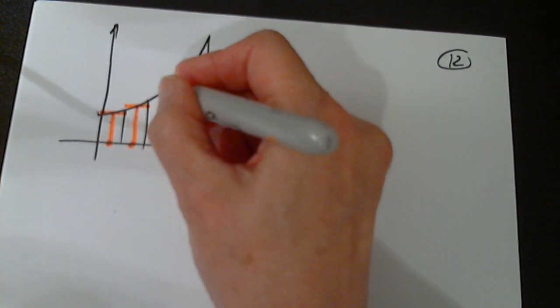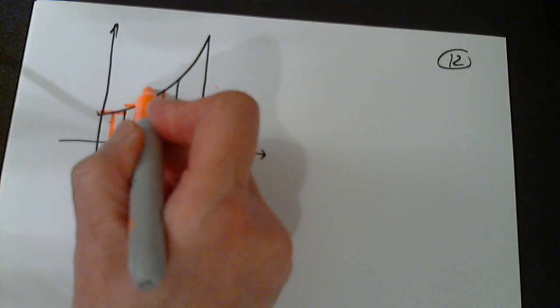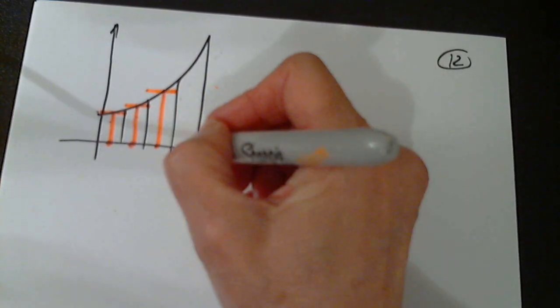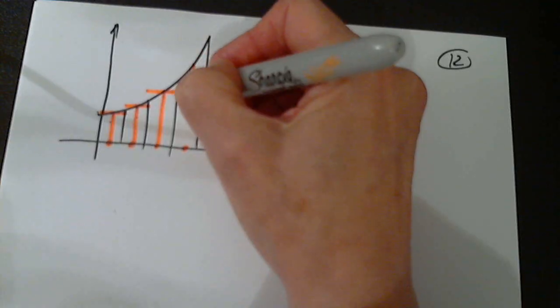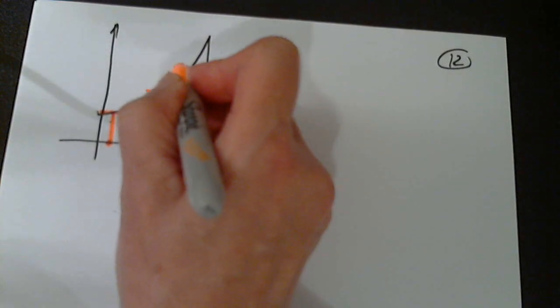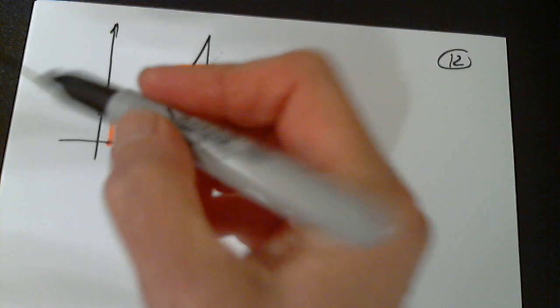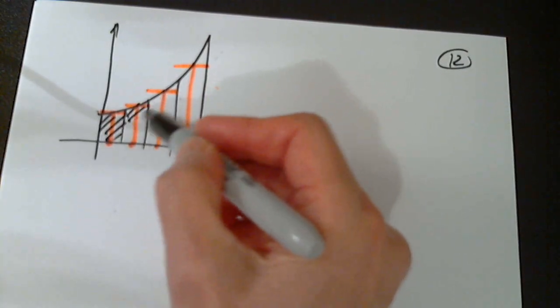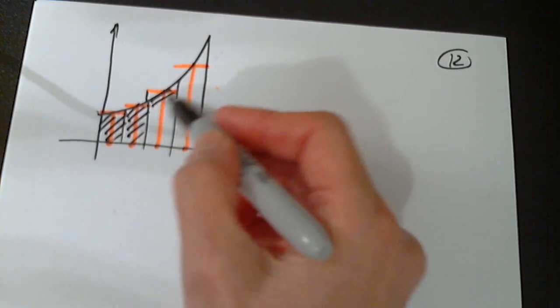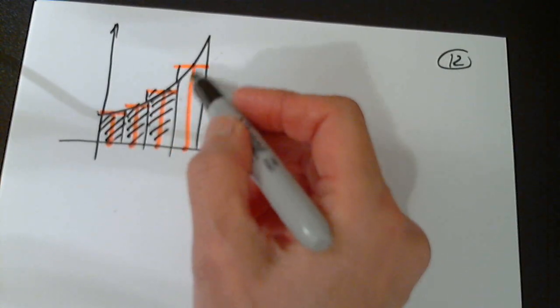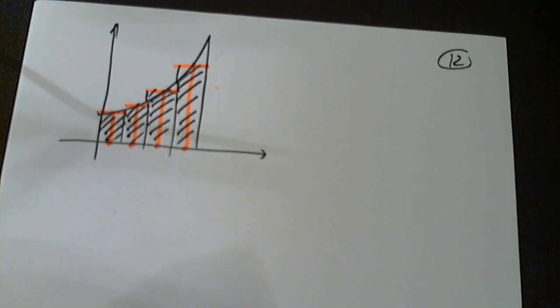The midpoint is here, and this is the height of the rectangle. So the rectangles will be much better, and the approximation will be better and the error will be lower.